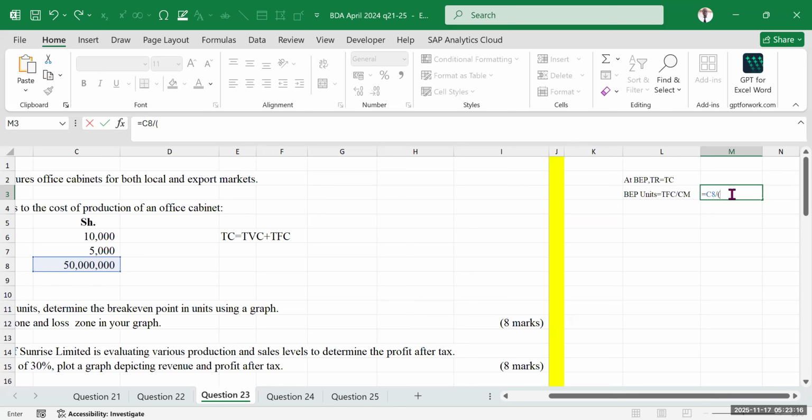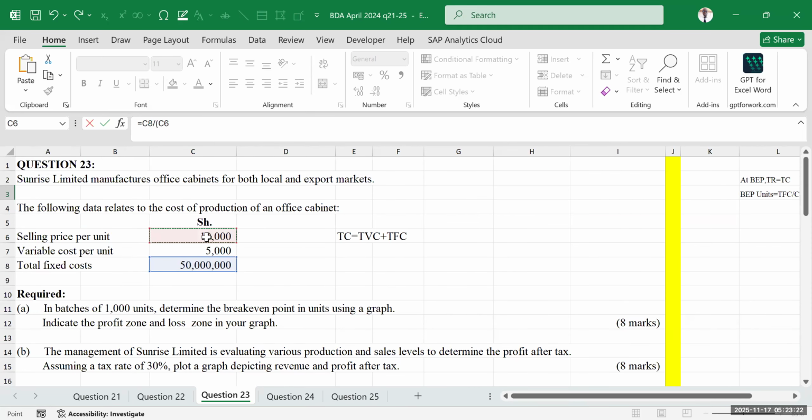We get its difference with the variable cost per unit. So where is the selling price per unit? It is here. That is 10,000. Then I deduct the variable cost per unit, and I close bracket.